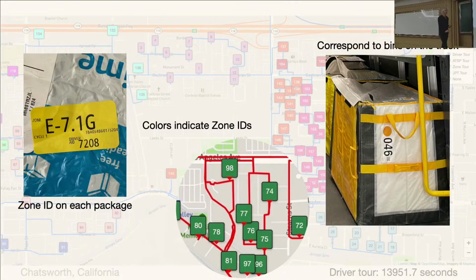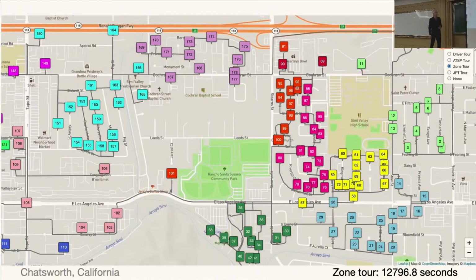I colored the nodes according to the zone ID that's given to the packages. So in the truck, all the packages with the same zone ID get put into one of these bins. And these bins, once they're empty, they can be folded up and put away. So the drivers like to completely empty the bin. So we wanted to do all those red nodes consecutively.